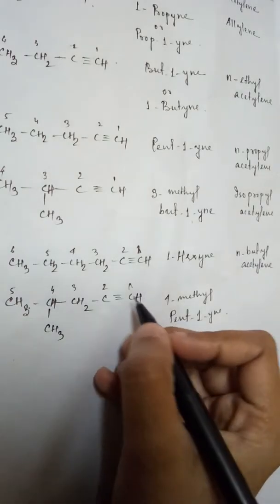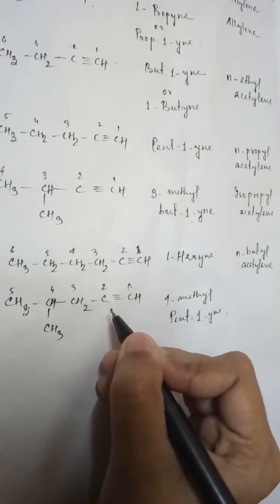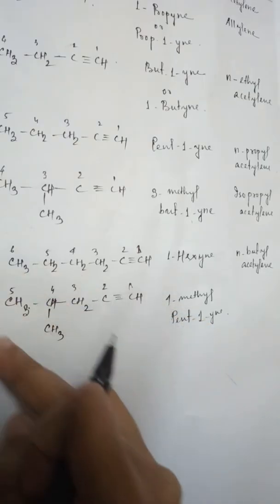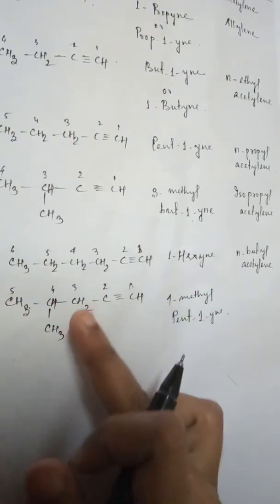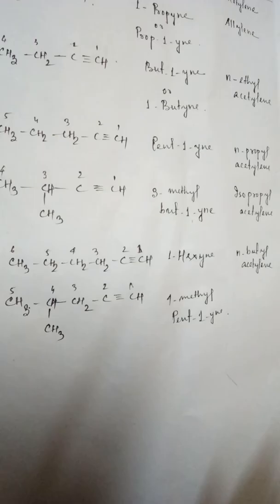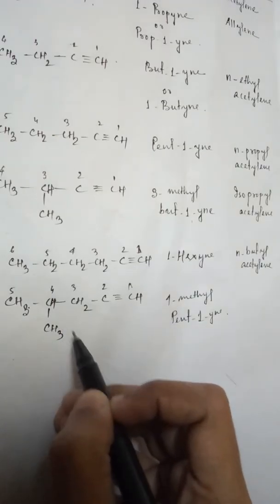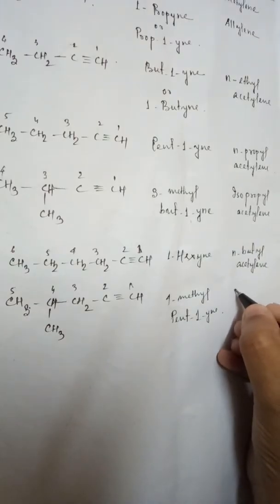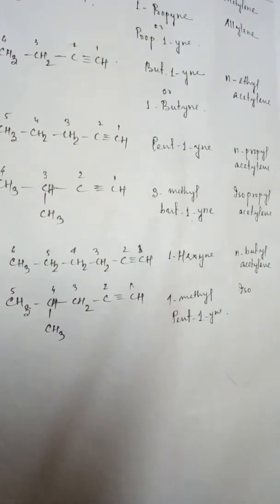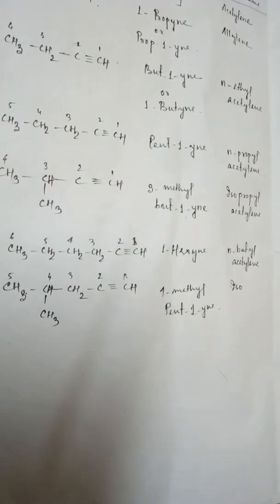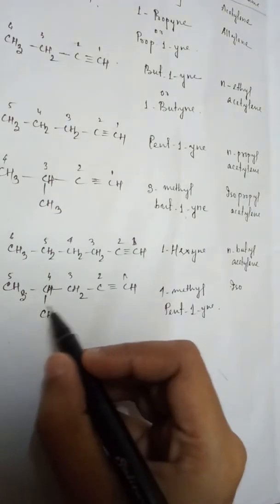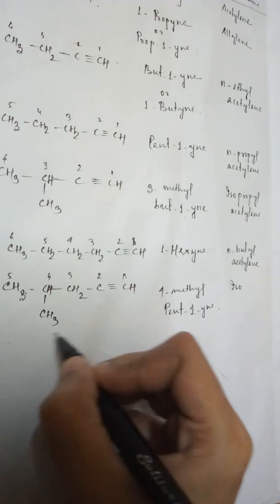Now how to find out the common name? Again, see, this portion is the acetylene part. Except this, in the rest of the part, you just see how many carbon atoms? 1, 2, 3, 4. 4 carbon atoms, right? And this is the isostructure, right? So we can write iso. Then a total of 4 carbon atoms are present.